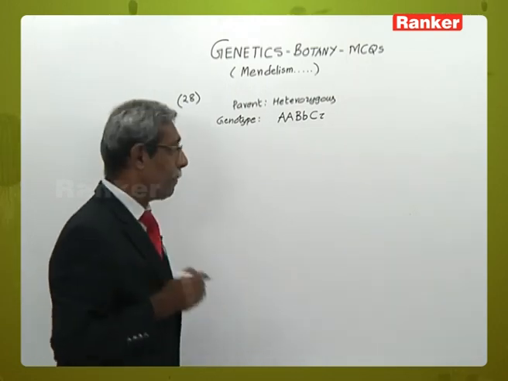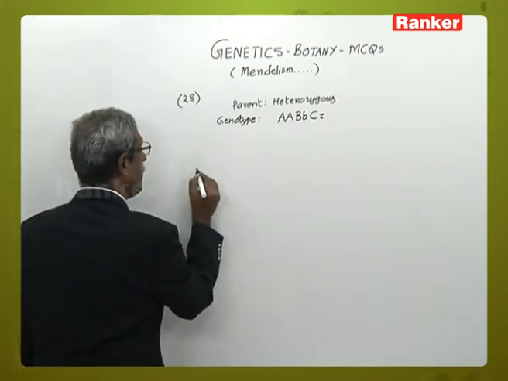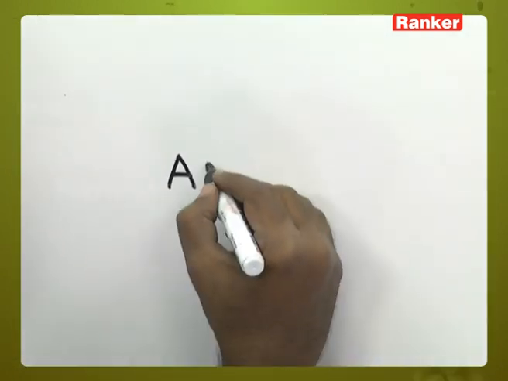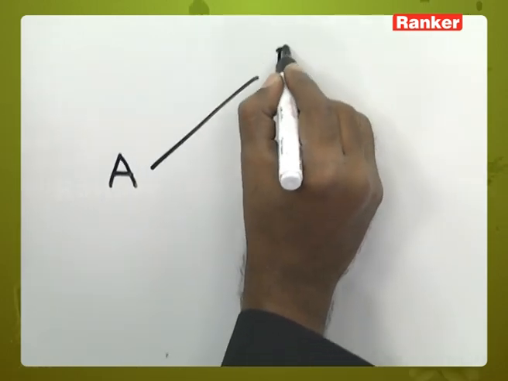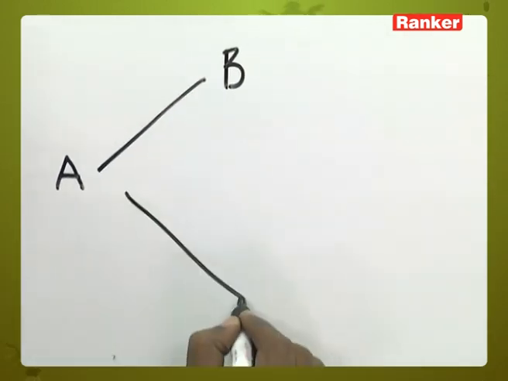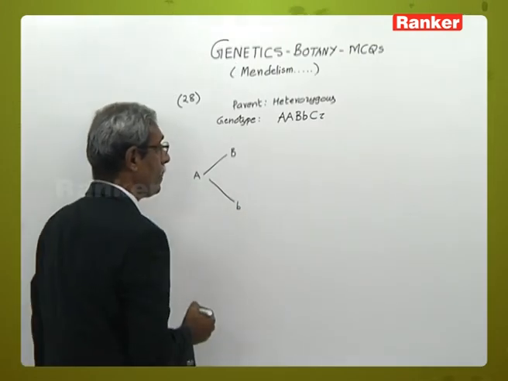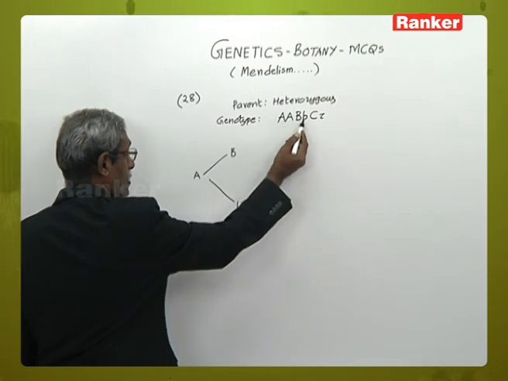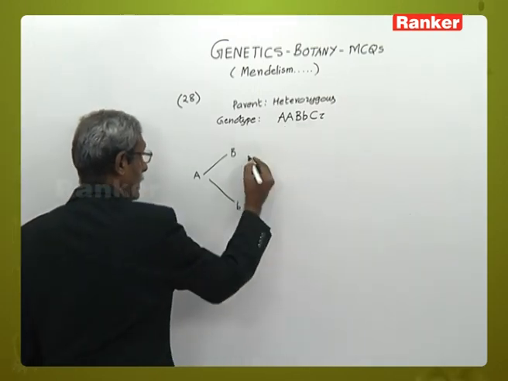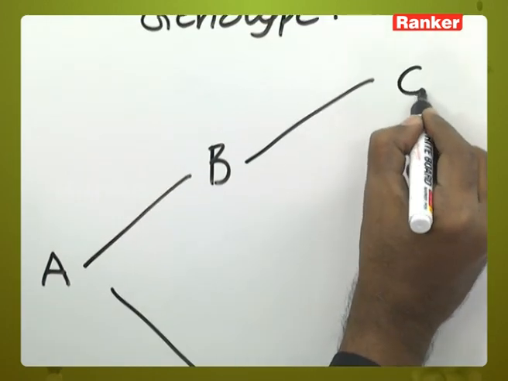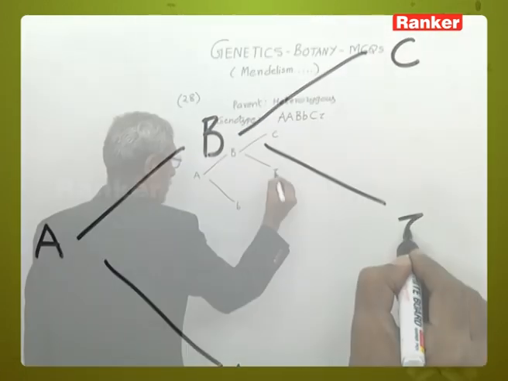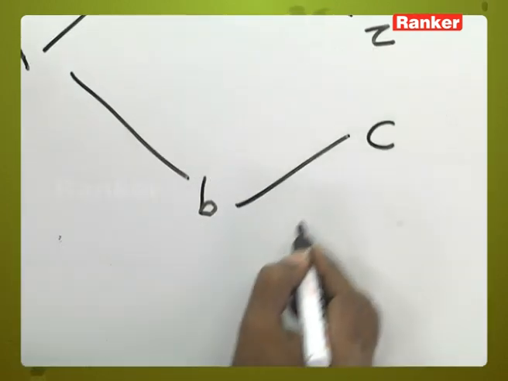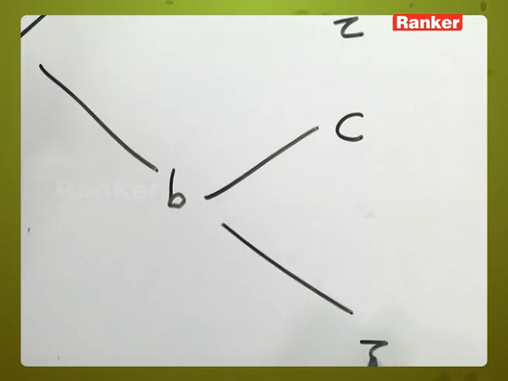Now to solve this sort of a problem, we have a capital A gene. The capital A gene can combine with a capital B, or it can also combine with a small b. Parallelly, the B can combine with a capital C, or it can combine with a small c. Similarly, small b can combine with a capital C, as well as it can also combine with a small c.